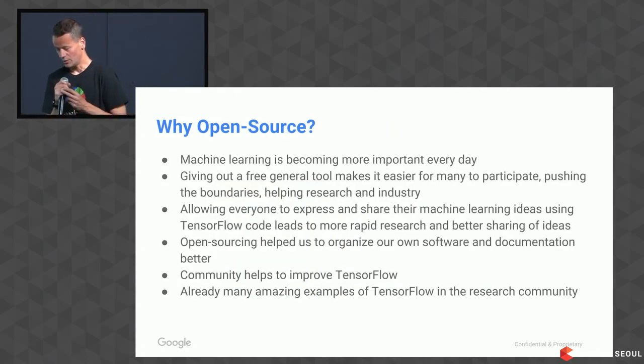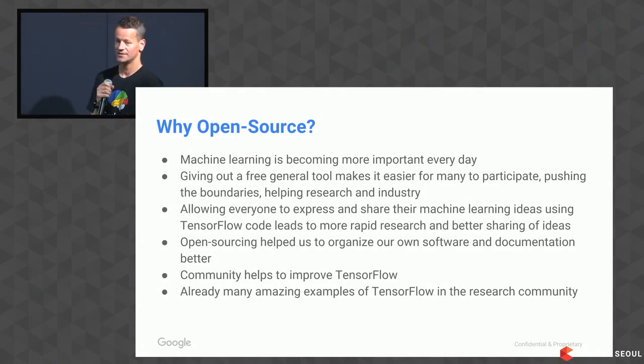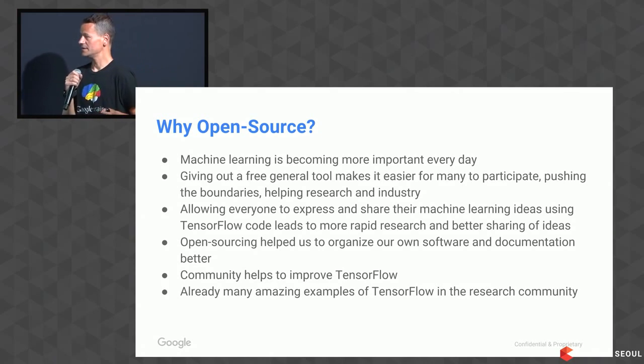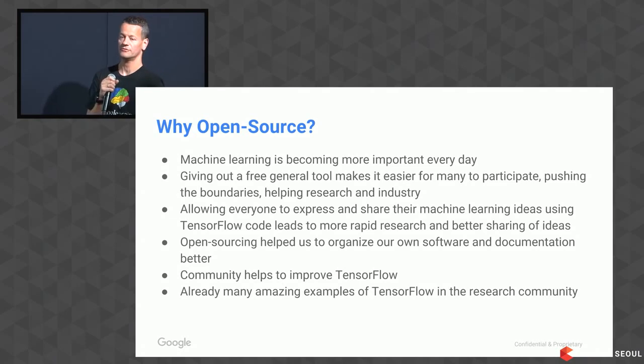One thing that is maybe not surprising anymore, but people asked us: Google is a public company. Why would they open source software? Isn't that crazy? There are many reasons for that. Machine learning is becoming more important every day. In every company you look at, whether it's a cement mix company or Samsung or any company you can think of, there are many machine learning opportunities.